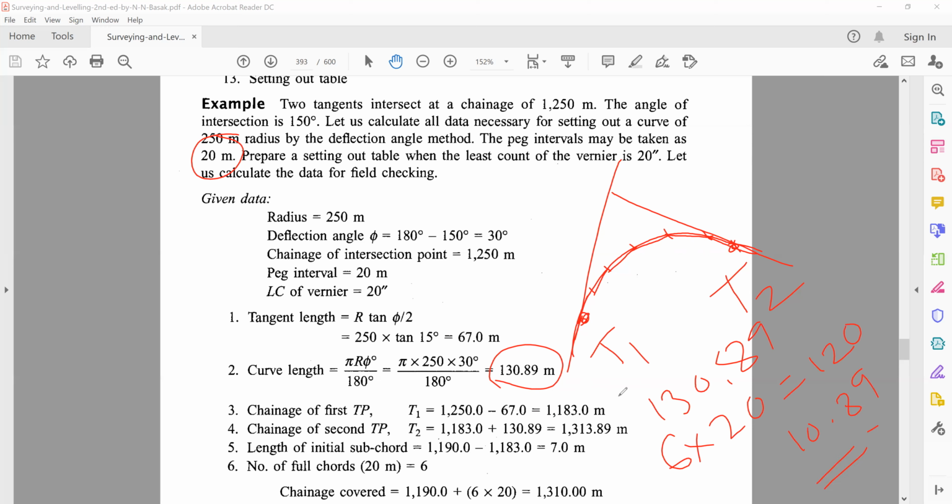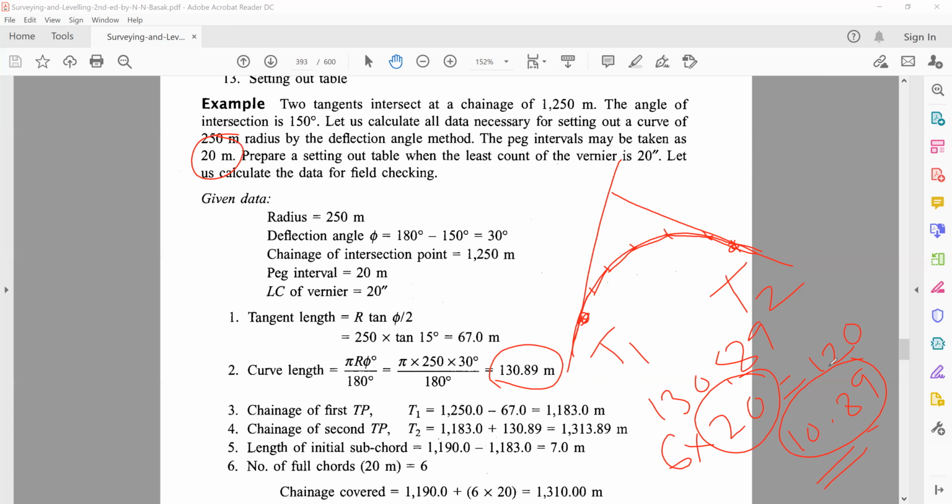So I would call my normal chords full chords, and this distance left at the end I would call the final subchord. Another way is to use this distance in the beginning and call it the initial subchord, and then afterwards use the full chords.